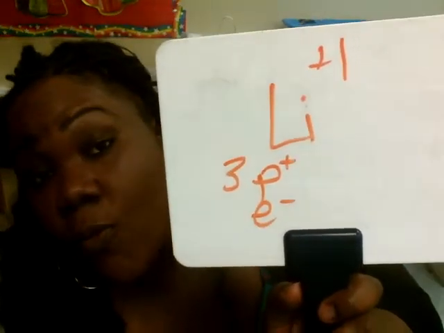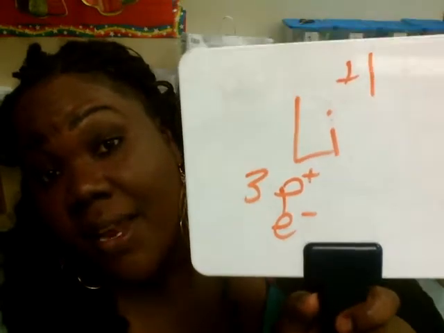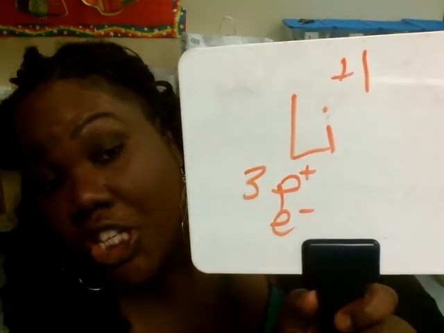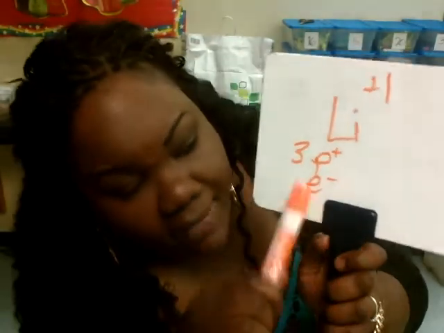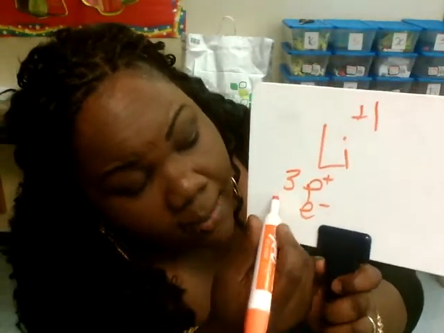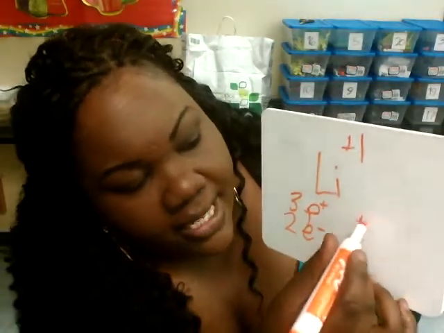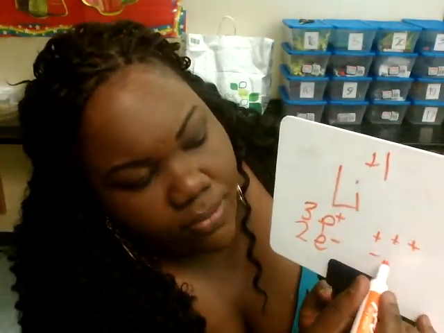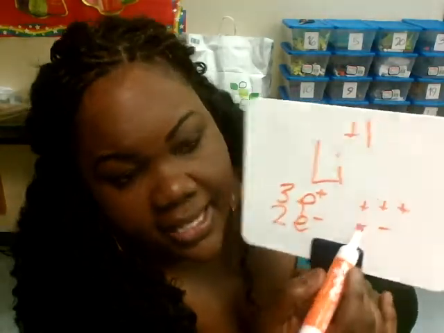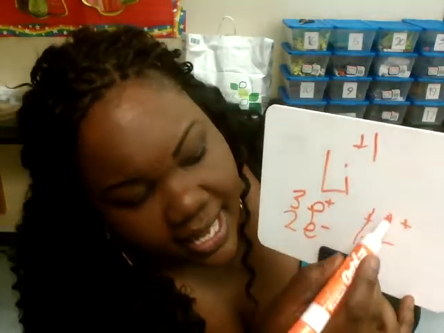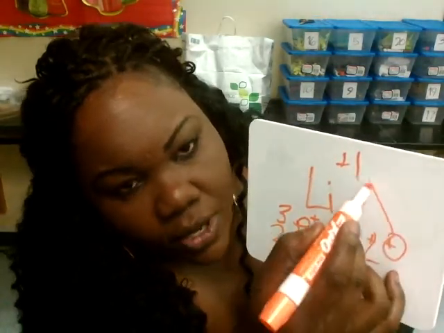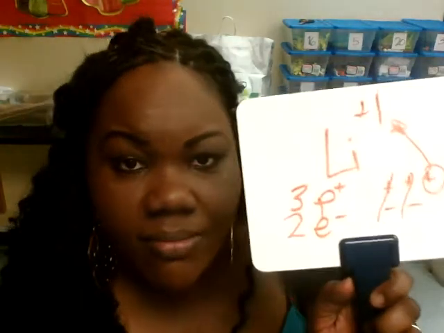I have to end up with 1 more proton than an electron. Good. Since it's a plus 1 charge, I have to have more pluses than minuses. I'm going to only have 2 electrons. I have 3 pluses, and I have 2 minuses. A plus and a minus cancel out. A plus and a minus cancel out. And I'm left with 1 positive, which is the charge of lithium.